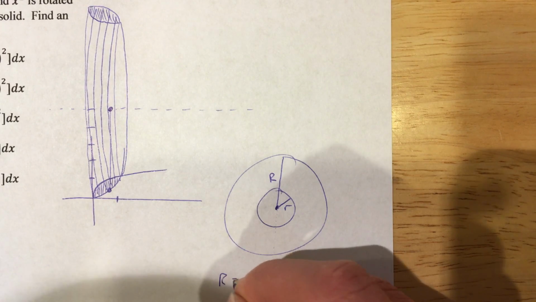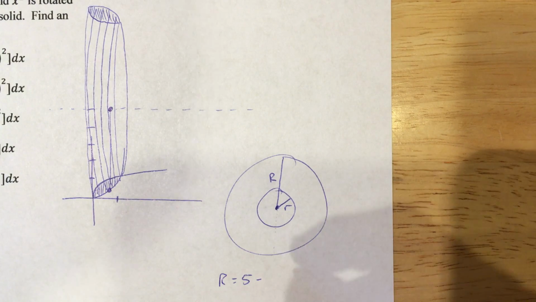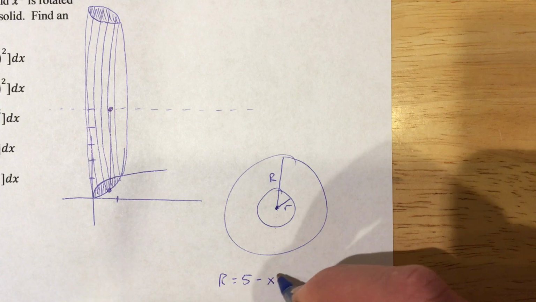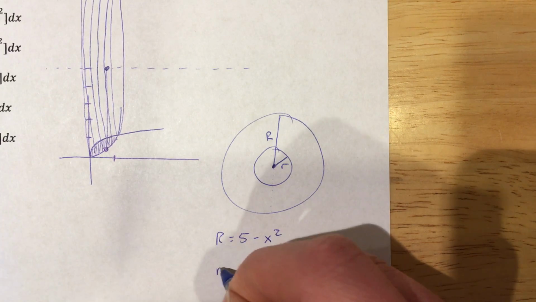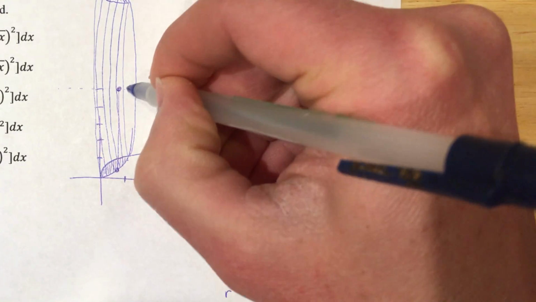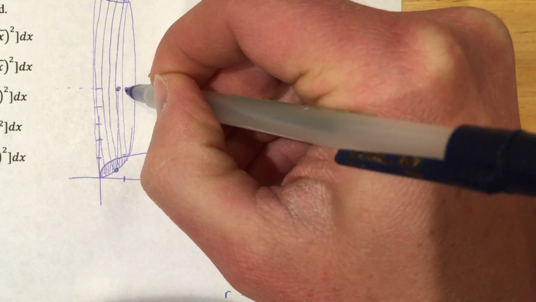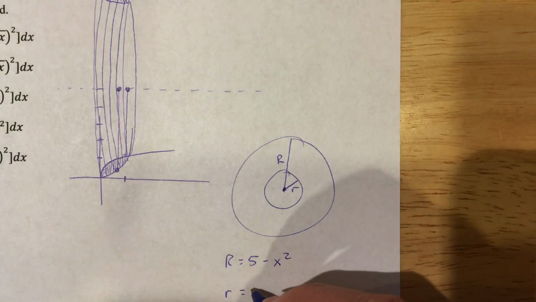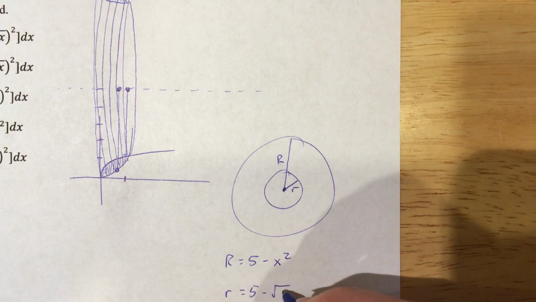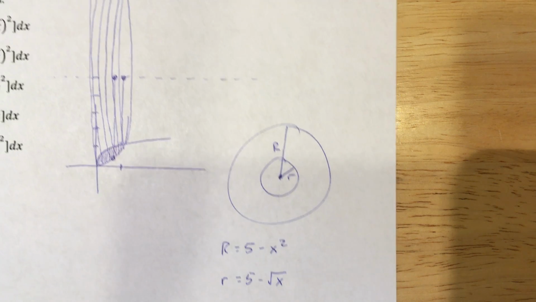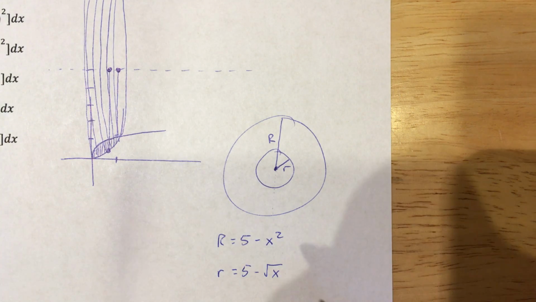So the large radius equals 5 minus x squared. The small radius is going to extend from the center down to the top curve. So that distance is 5 minus the square root of x. And now I have the radii.